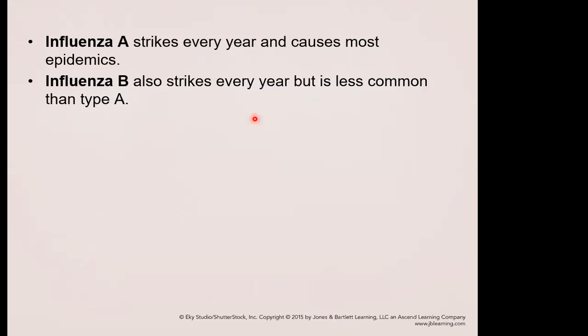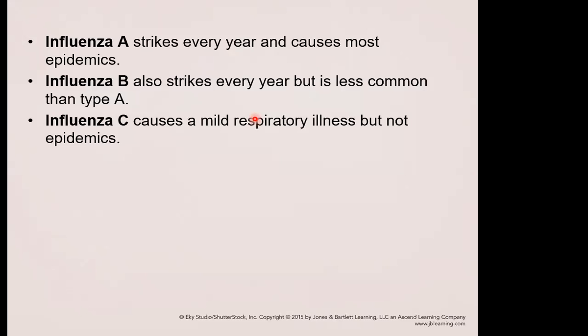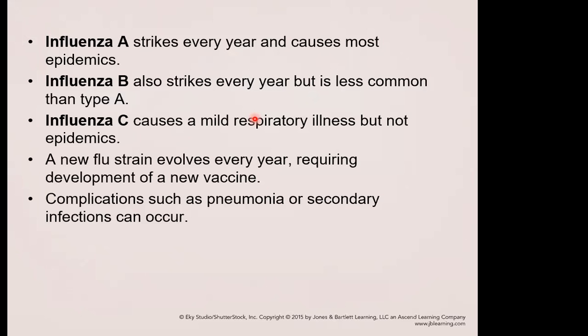All right, so influenza A and B are going to come back every year. A is going to be the most common, B is going to be less common. Influenza C is going to be less harmful. People with flu, they're going to have lack of energy, fever, and they can develop pneumonia or some sort of secondary opportunistic infection.